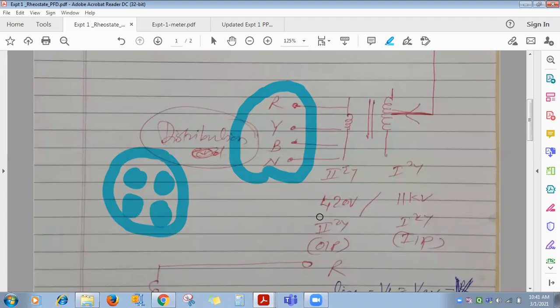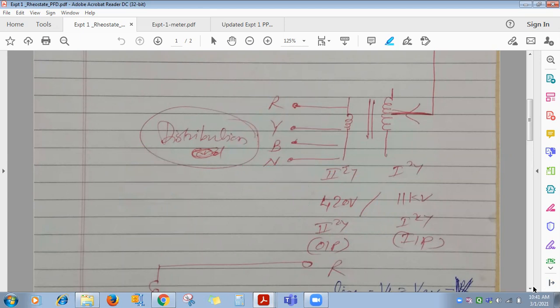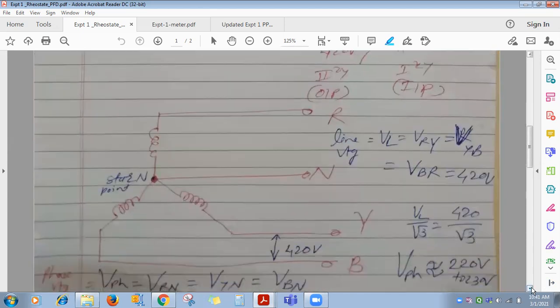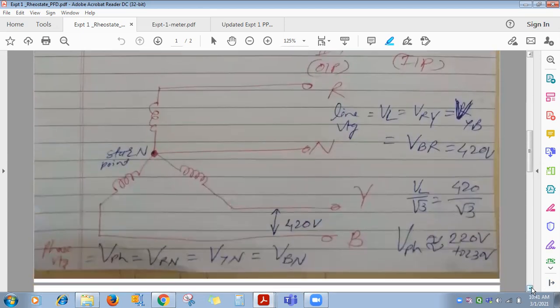And whenever I say it's 420 volt, it is the voltage across which terminals? Whenever I say voltage is 420 volts, what do you think? This RYB neutral, out of these 4 terminals, across which 2 terminals will the voltage be 420 volt? See here, see the screen.